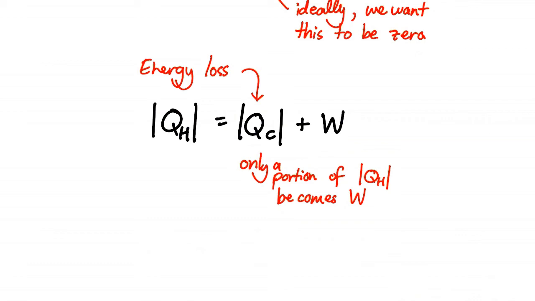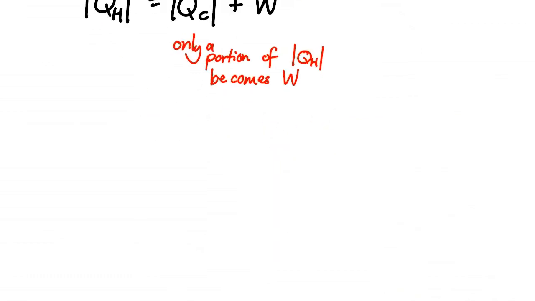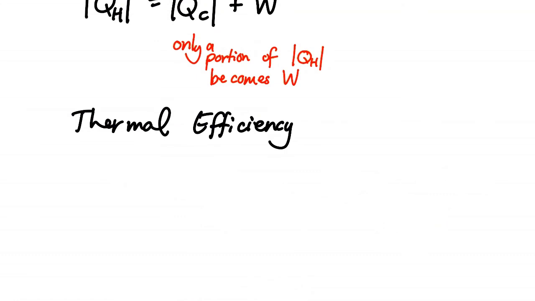But depending on how an engine converts, kung gaano siya kagaling mag-convert ng heat to work done, we can define its thermal efficiency. So thermal efficiency is simply the fraction of work that is done given yung amount of heat that we have introduced doon sa system.